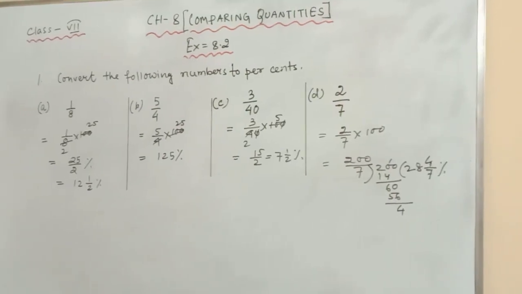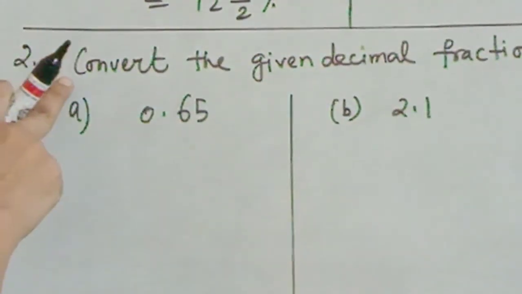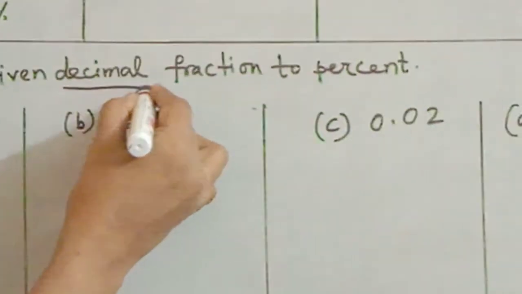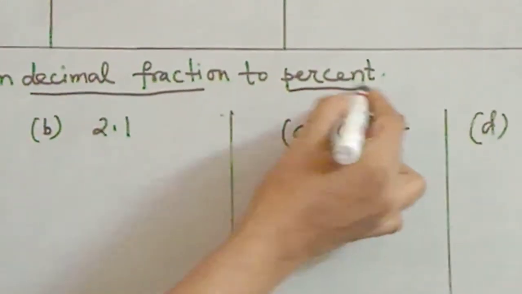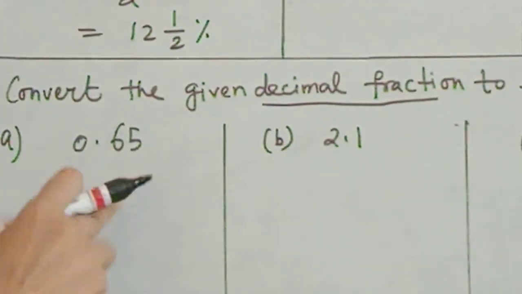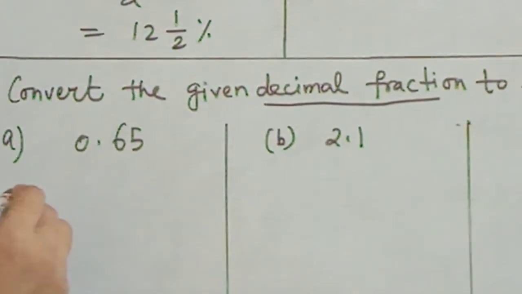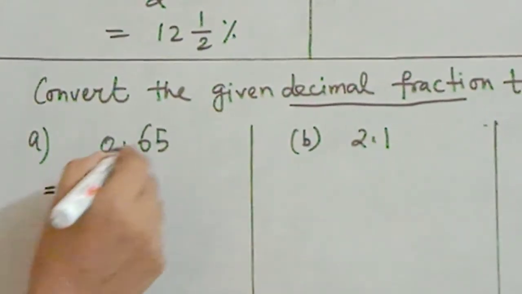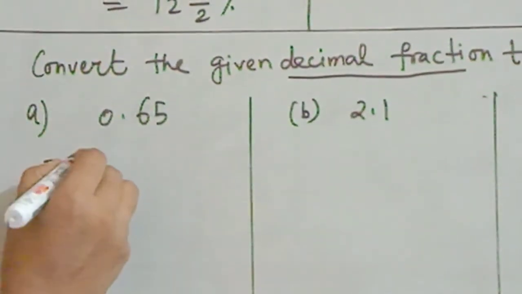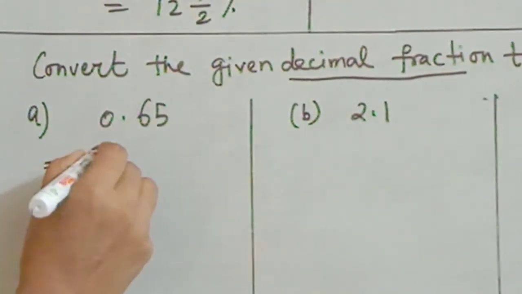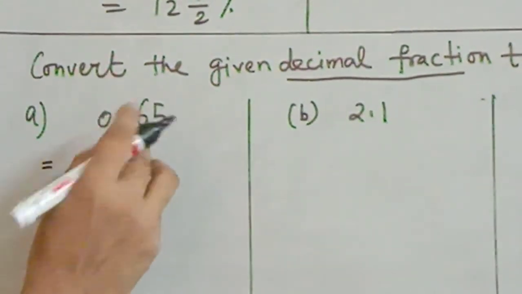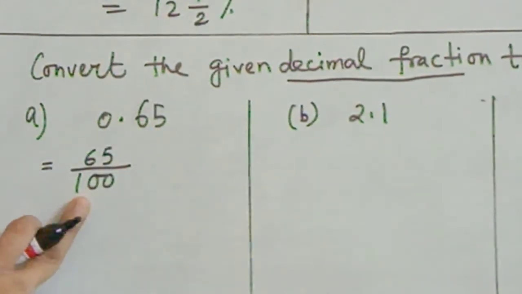Now the next question is question number 2. Convert the given decimal fractions. Now we will convert decimal fraction to percent. You can see that here a decimal fraction is given, 0.65. You have to convert it into a fraction. If I change this decimal to fractional form, then 65 out of 100, because after the point there are two places, tenth place and hundredth place, so hundredth place.